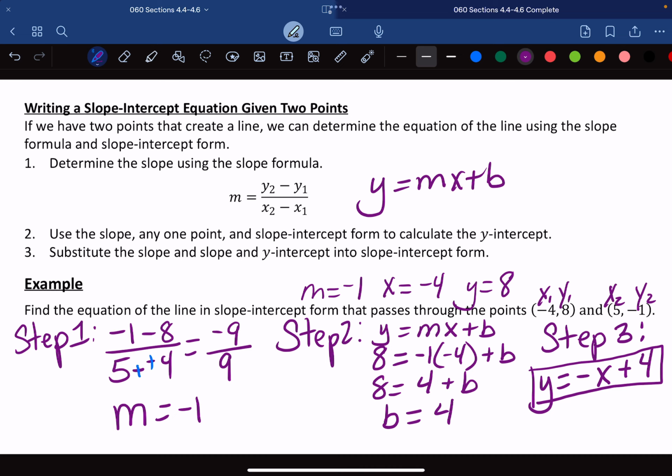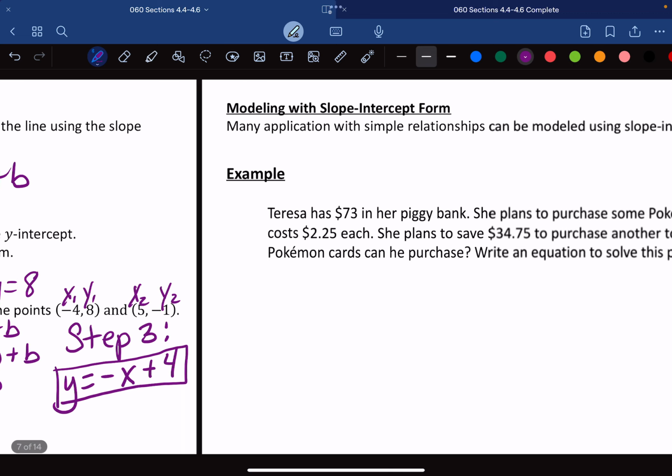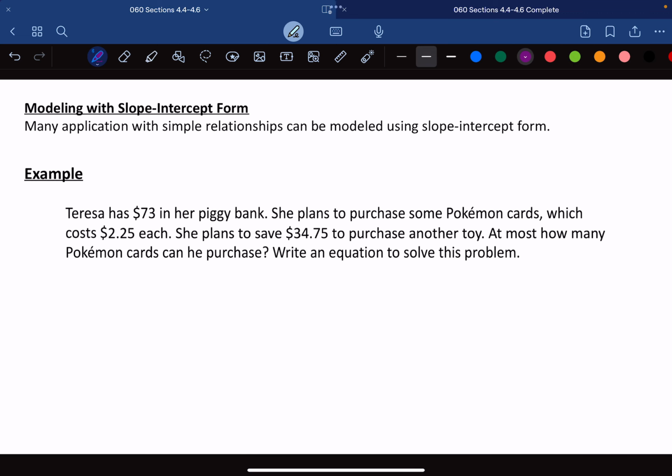So what might this look like in a word problem? It's actually not that different from when we were doing word problems with multi-step equations. We actually did a few of these when we did multi-step equations. We just didn't know that those equations were technically slope-intercept form. So we have Teresa.